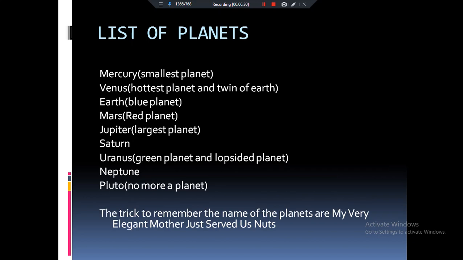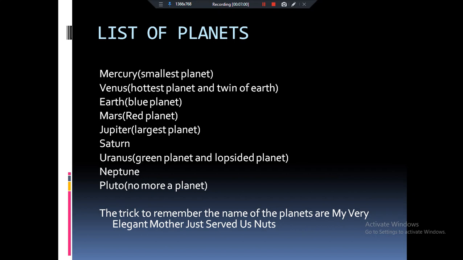Now coming to the 8 planets of the solar system. The smallest planet is Mercury. The twin sister of Earth is Venus. It is also known as the evening and the morning star. Earth, our mother Earth. Then Mars, which is the red planet. The largest planet of the solar system, Jupiter. Saturn, which has beautiful rings around it, more than 50 in number.